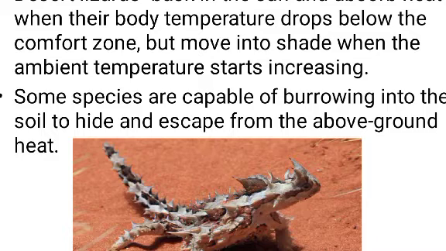I think you might have seen some animals basking in the sun, isn't it? One example is a desert lizard, which can bask in the sun to absorb heat when it needs more warmth, and when enough temperature is there in the body, it moves towards the shade.